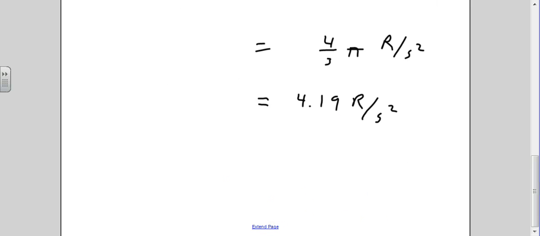Should we check our work? All right, initial angular velocity plus 4.19 times 10 equals, okay, so 60 times pi plus 4.19 times 10 equals 230 point something.